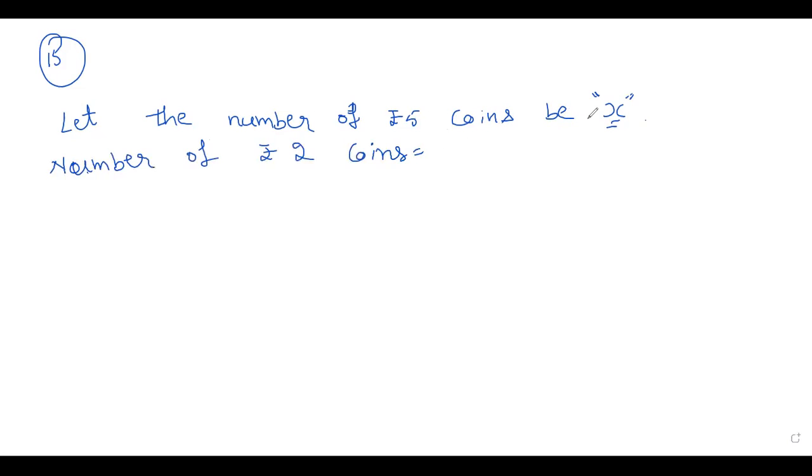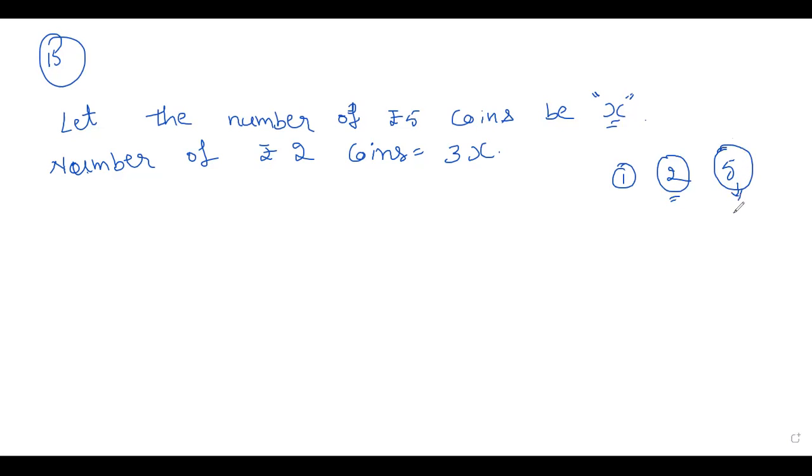So 5 rupee coins is x ಇದೆ. So 2 rupee coins ಎಷ್ಟಿದೆ ಅಂತಂದ್ರೆ 3 times x ಅಂತ. ಅರ್ಥ ಆಯ್ತಾ? So 3 times x, then see this is 1 rupee coin, 2 rupees and 5 rupees. Okay, so this is 3 times this anta ಹೇಳ್ತಿದ್ದಾರೆ.